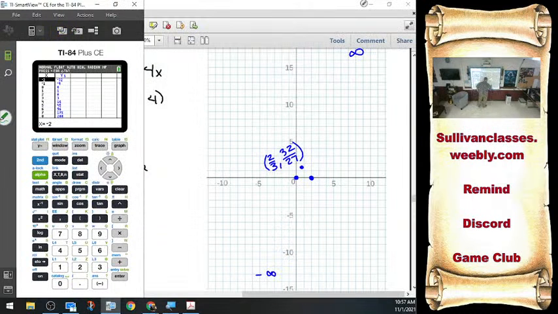At -1, -9, 3, 3, 4, 16. Now I have more than enough to sketch the behavior of my graph.